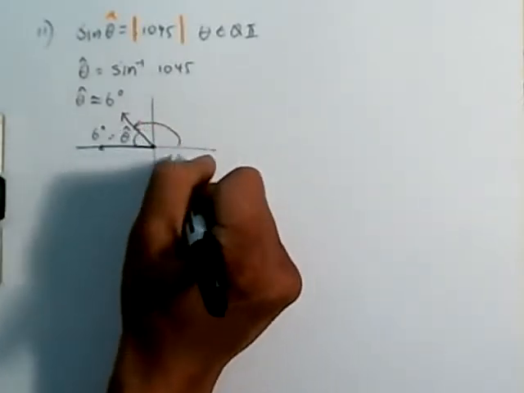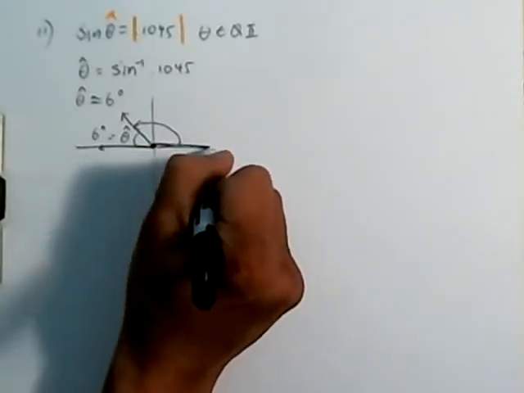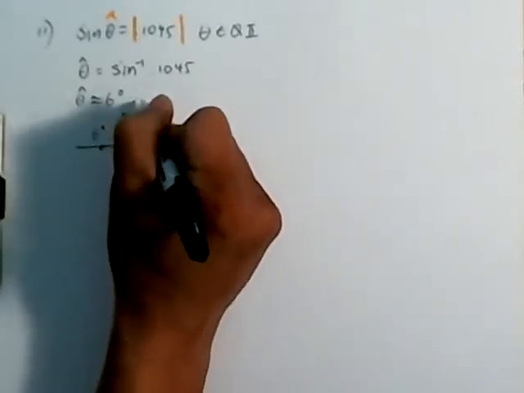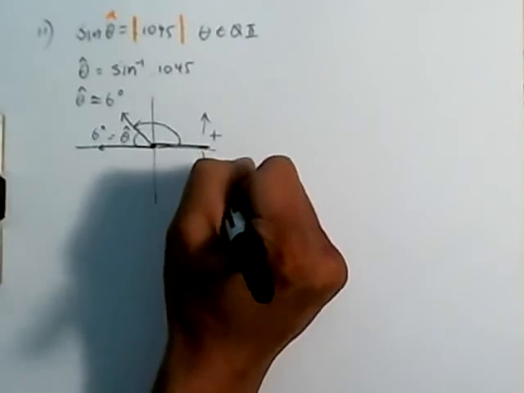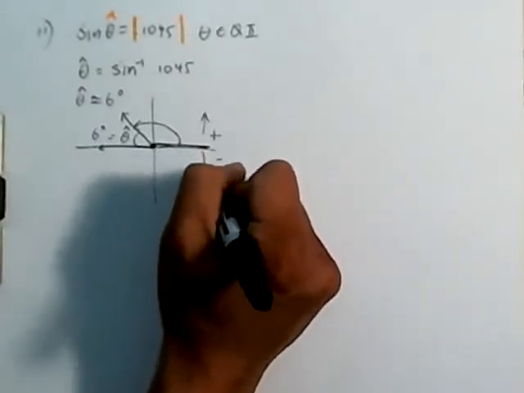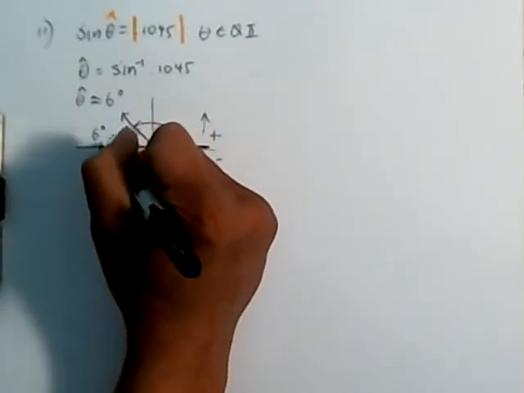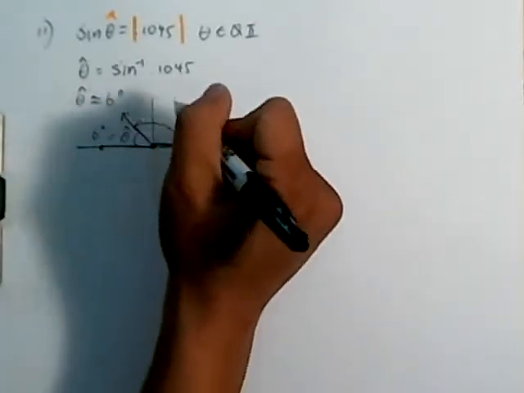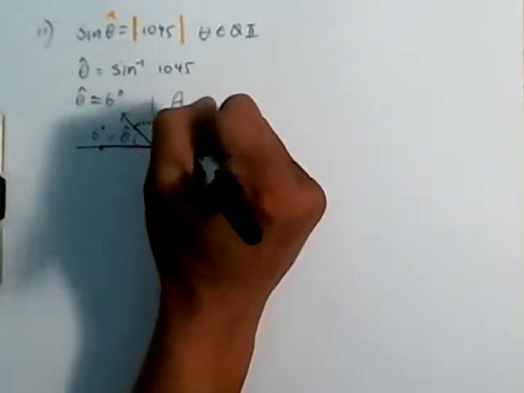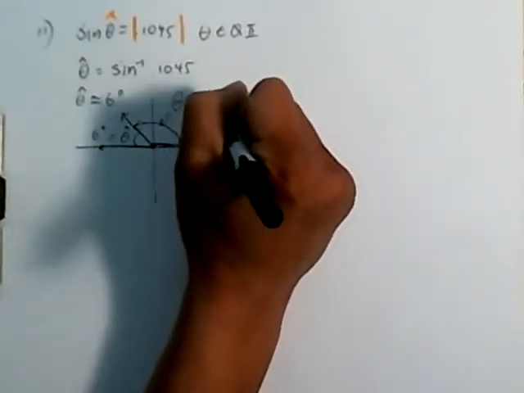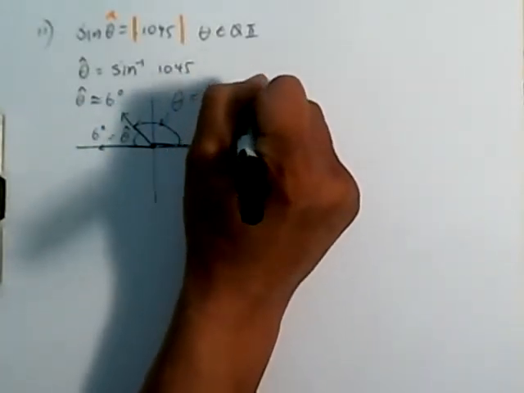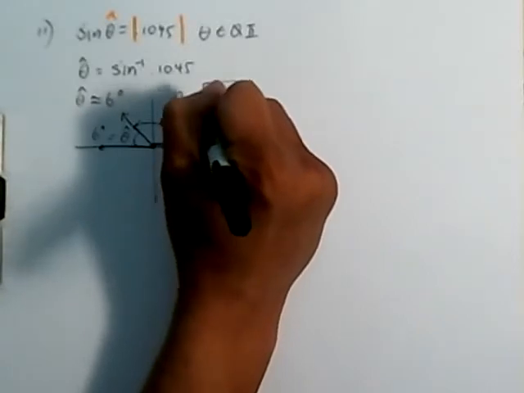From your positive x-axis, going up is positive, going down is negative. So since theta hat, the reference angle, is 6 degrees, theta is equal to 180 minus that, which is 174 degrees, approximately. Okay?